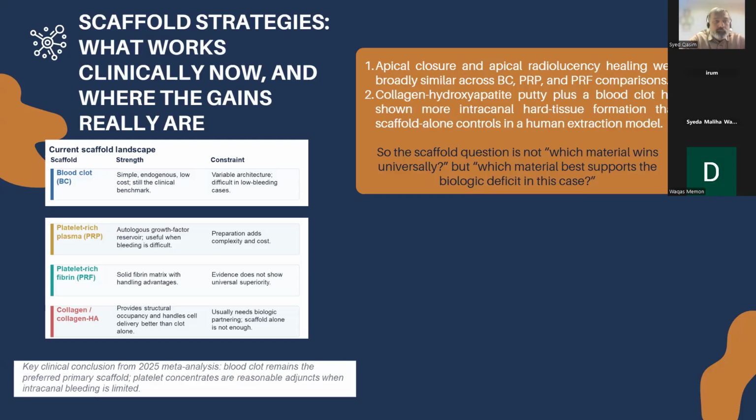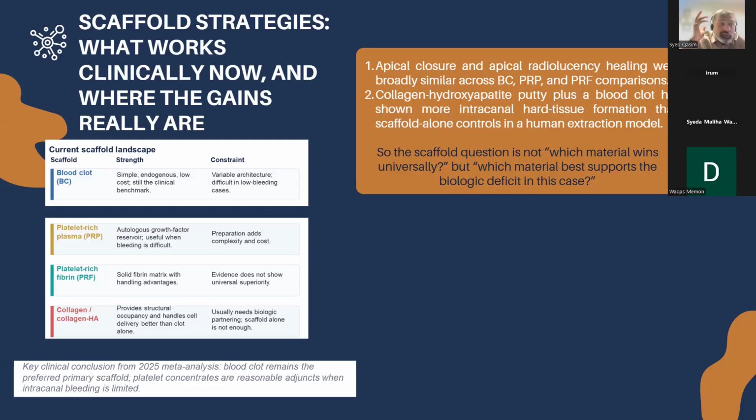Current evidence says that the blood clot strategy used in clinics has certain strengths and constraints. The strength is that it's very simple. Every endodontist or general practitioner can trigger that blood clot carefully.